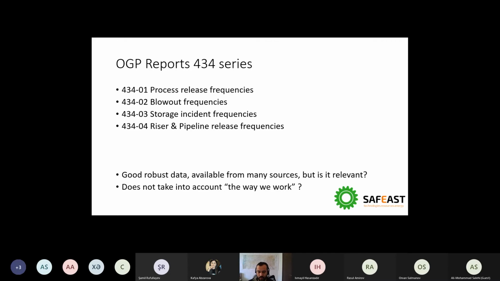Each company, each department, each operator may have their own way of working, their own safety culture. So you can appreciate that generic published database frequencies may not actually consider the way the actual operator or the actual company works.